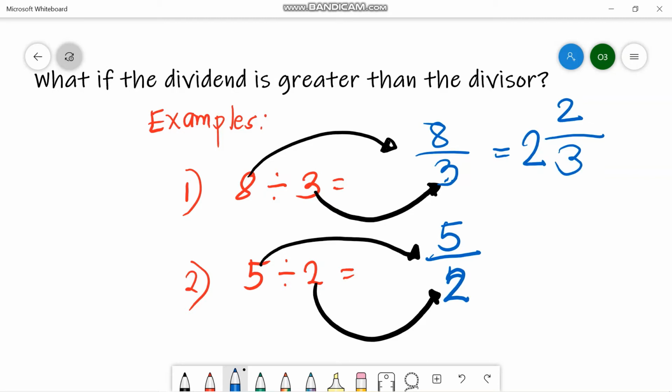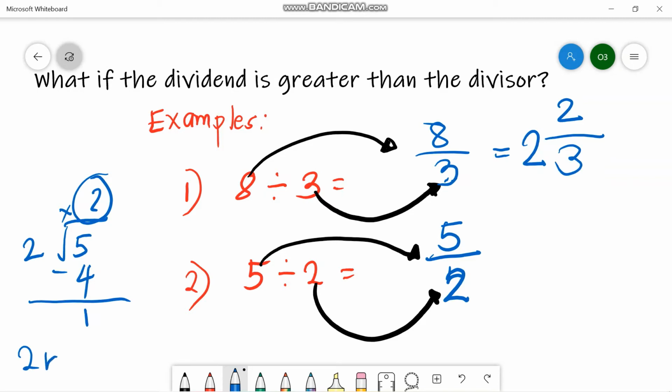So we have to divide 5 by 2. So 5 divided by 2, you can divide it using the column method or you can divide it mentally. How many groups of 2 we will be able to get from 5? So we can get 2 because 2 times 2 is 4. 5 minus 4 is equal to 1. So the answer is 2 remainder 1.